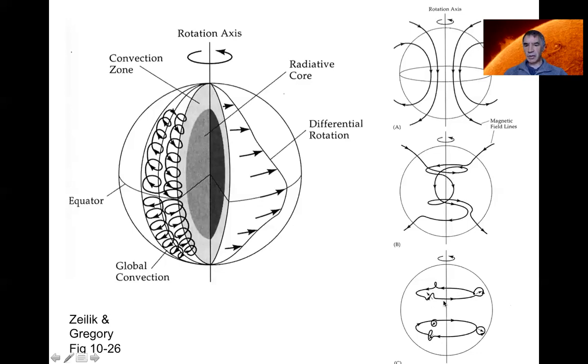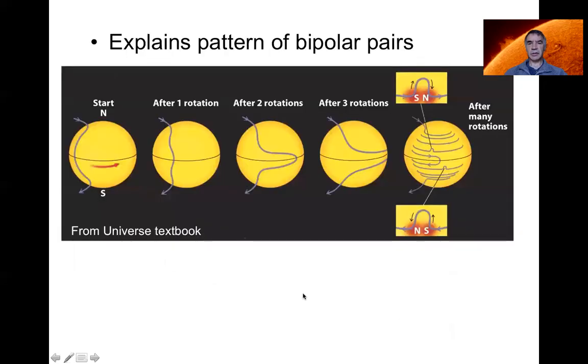So that indicates how you might get sunspot pairs. And you can see here, due to the way that this has happened, that you've got opposite polarities of these pairs in each hemisphere of the sun. So the next diagram, I think, shows that a little bit better. Here's another diagram. This is from the Universe textbook. Again, the same thing, the field lines being drawn out in the equator and twisted up, and eventually you get these arching up pairs like this.